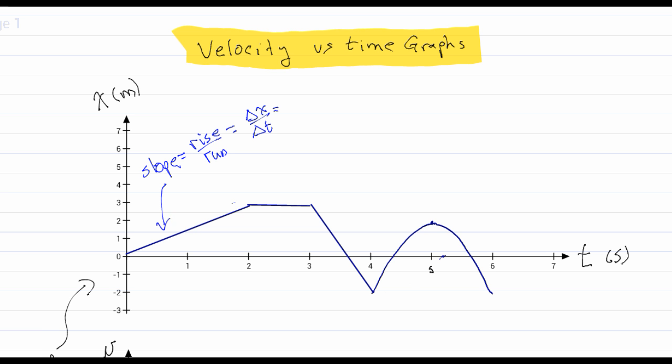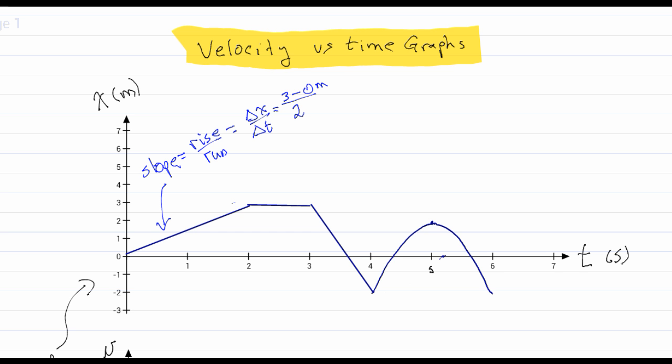And we get, well, for the change in x, we go all the way up to about 3 meters, and we go over 2 seconds. So the change in x is 3 minus 0, and our time interval is 2.